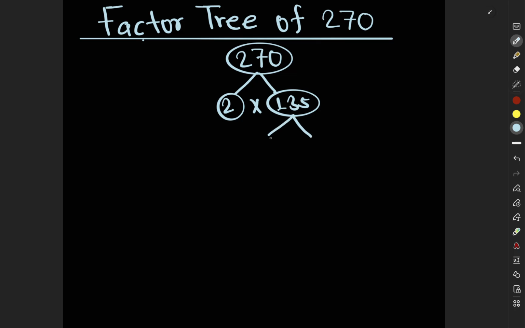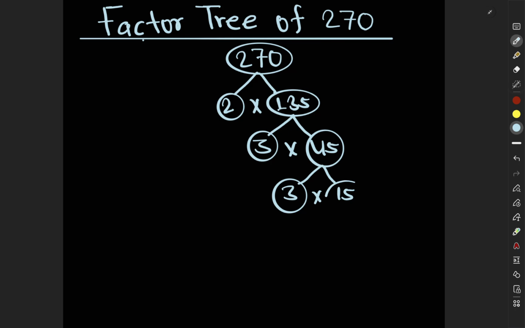So 135 can be written as 3 times 45. 3 times 45 means 135. 45 can be written as 3 times 15. 3 times 15 means 45.